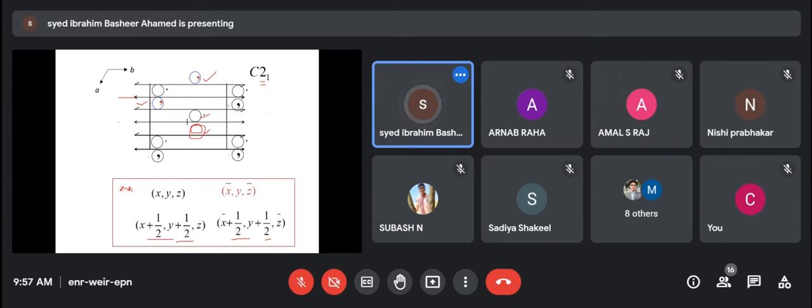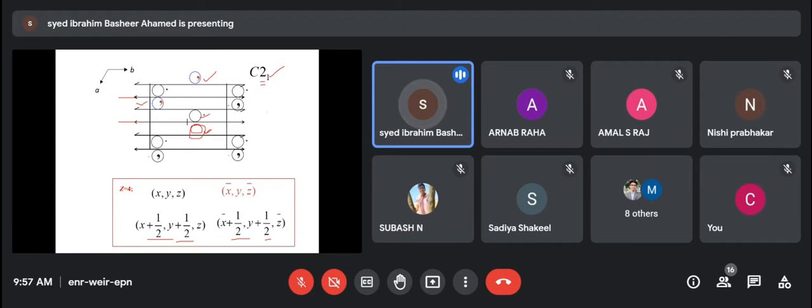For a C-centered molecule, you apply a twofold rotation and you will get the molecule. Instead of putting it here, I will put this because they are equivalent in position. So far, I have not talked about the screw axis. Now I am going to tell about the screw axis.